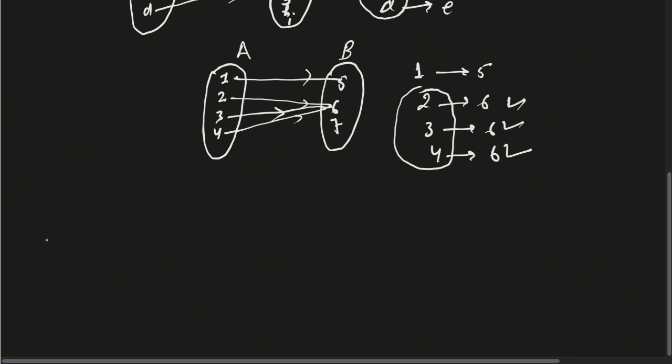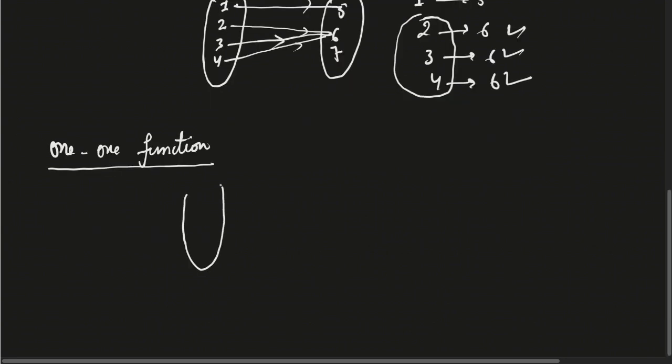Now we will come and see what a one one function is. So let us see that this is set A and it has A, B, C, D, and this is a set B where it is 1 2 3 4 5 6 and so on.